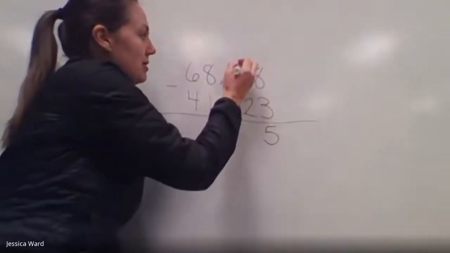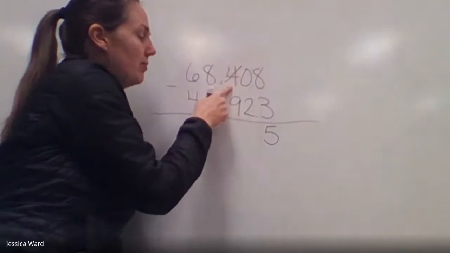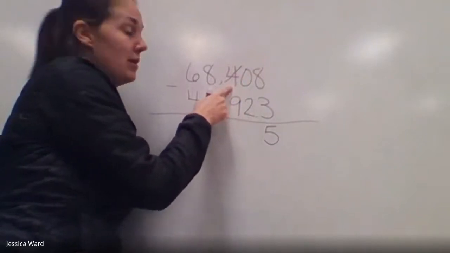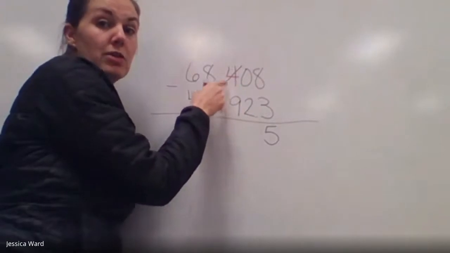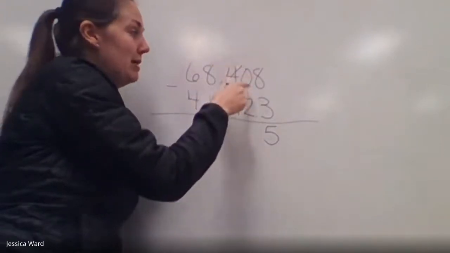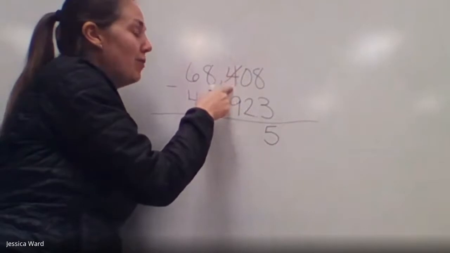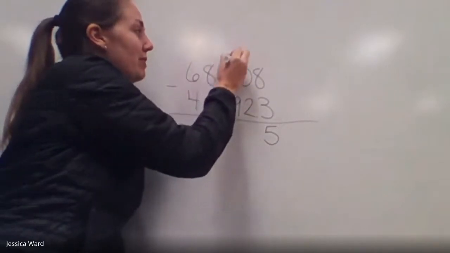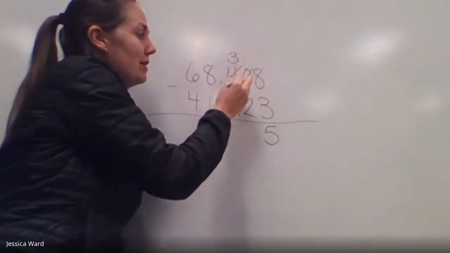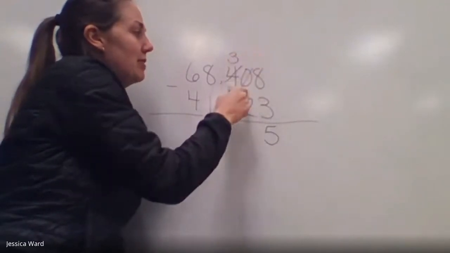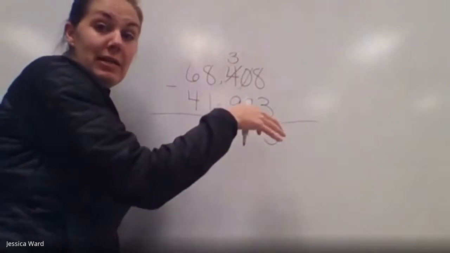That's exactly what I'm going to do. I'm going to take one group from my hundreds because I know that 10 tens makes 100. So 100 will give me 10 tens. I had 400s. Now I'm going to be left with 300s because I'm taking one of those hundreds and giving it to my tens place. So now instead of 0 tens, I'm adding 10 tens to it.